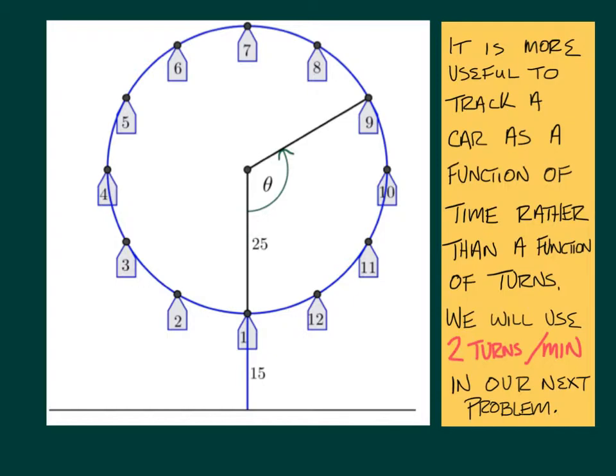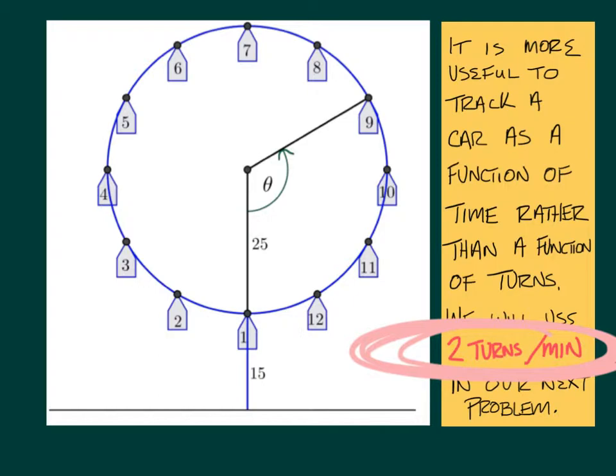And remember, at the beginning of the problem, it was 2 turns per minute. So instead of a graph that's going to have pi over 2, pi, 3 pi over 2, and so on, we're going to have it in terms of minutes. 2 turns per minute. So here we go.